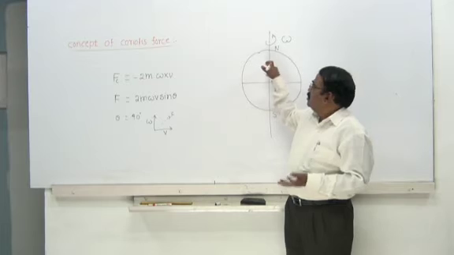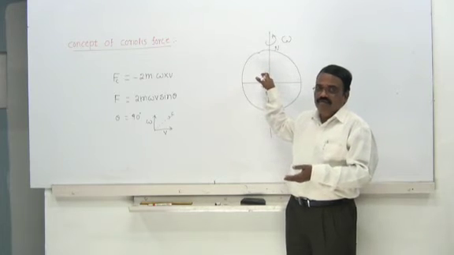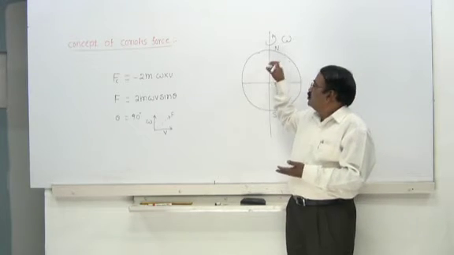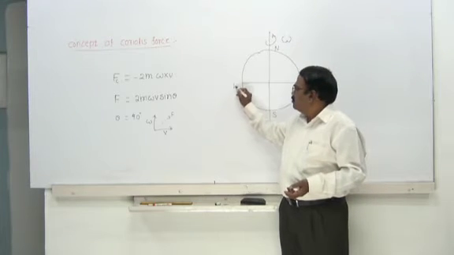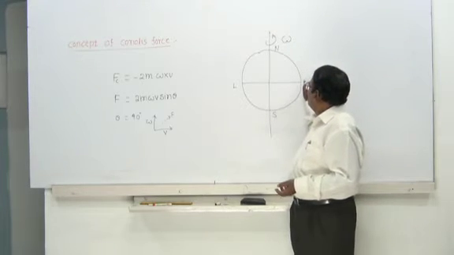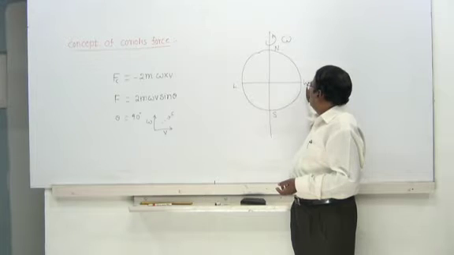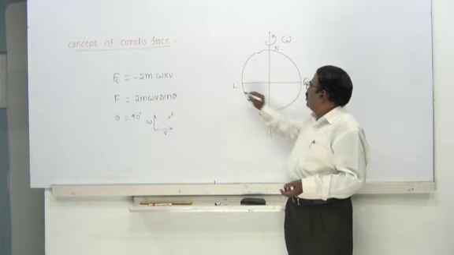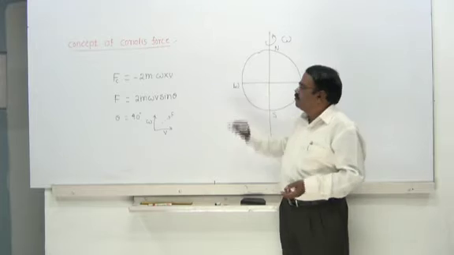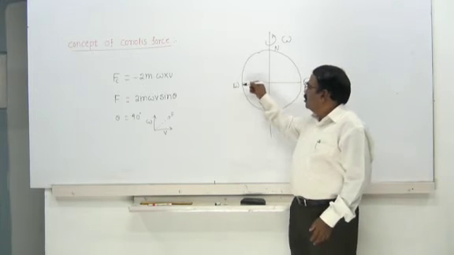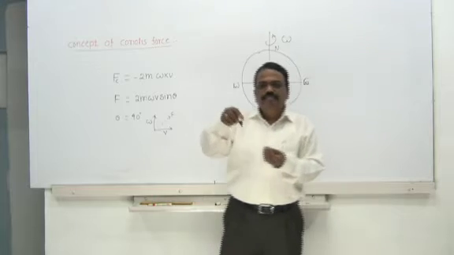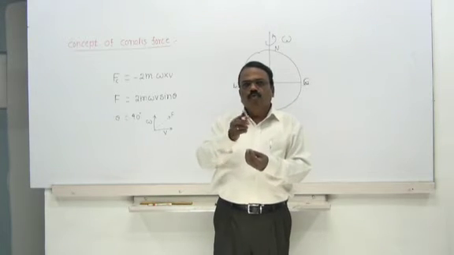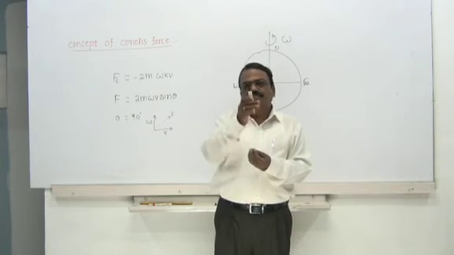Assume this is east and this one is west. Earth rotates from west to east. Omega is in this direction.